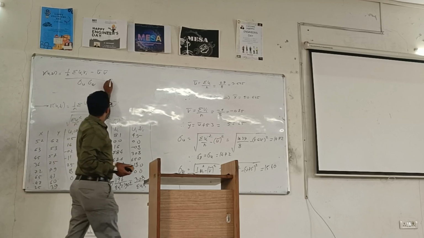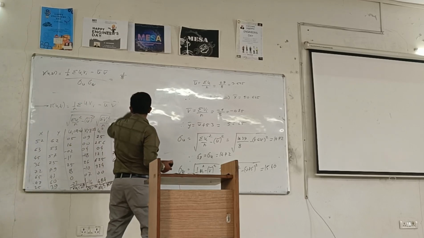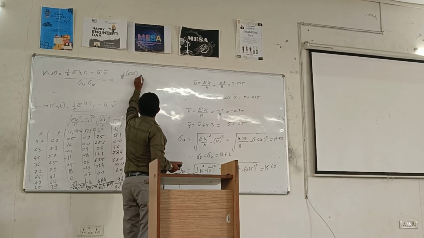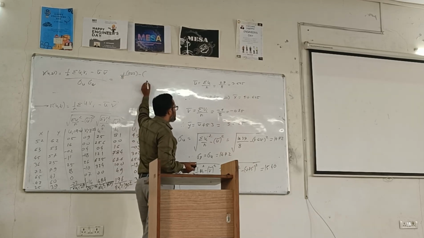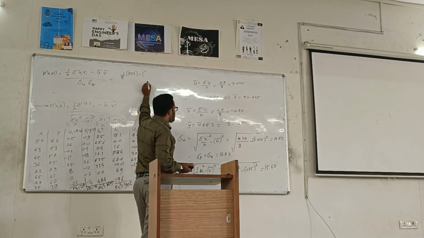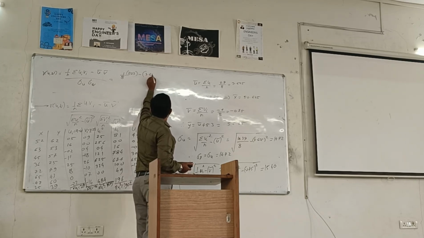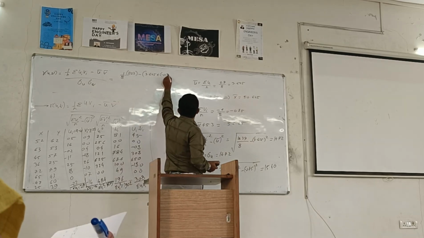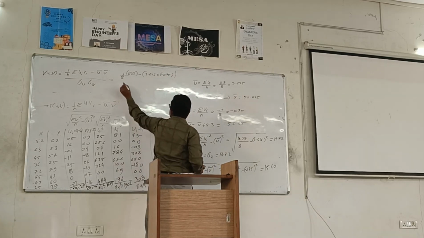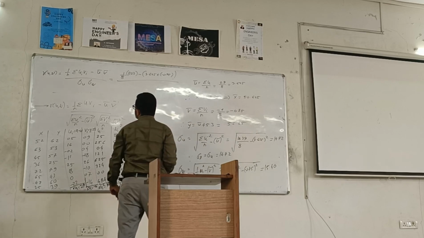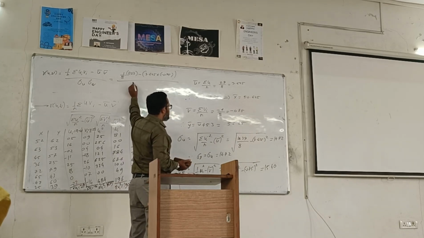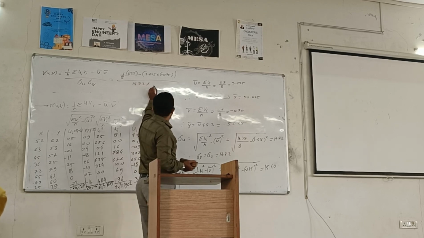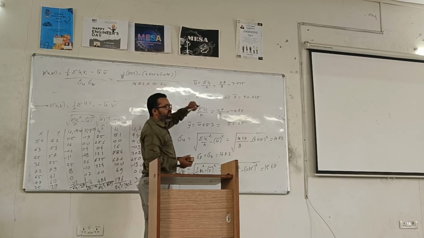We have all the values: 1 by 8 summation ui vi is 1123 minus u bar is 3.625 into minus 0.75, whole divided by sigma u is 14.72 into sigma v is 15.40.